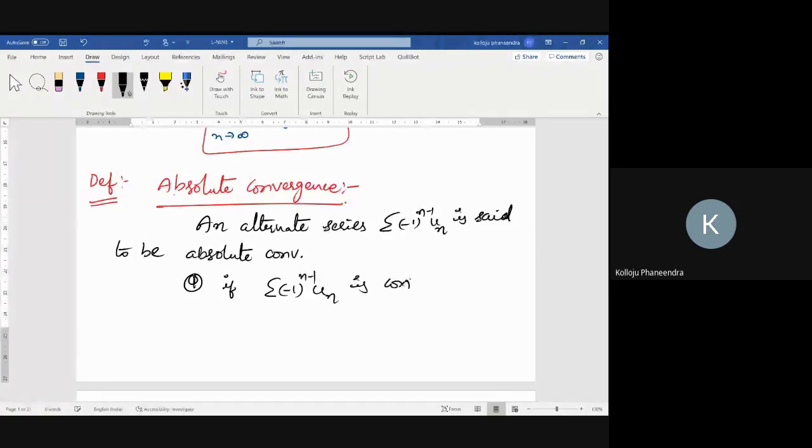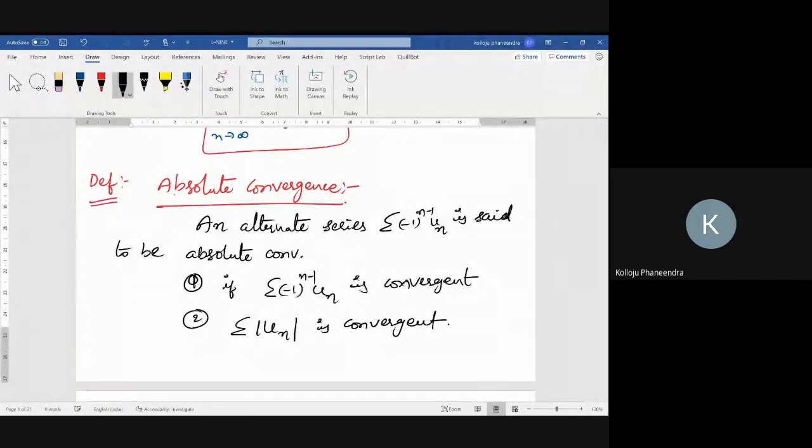What is the first condition? The alternate series is convergent. And second condition, the absolute series sigma mod un is convergent.